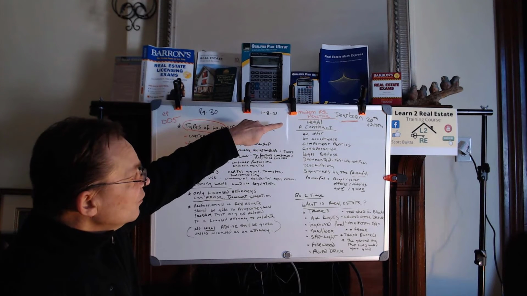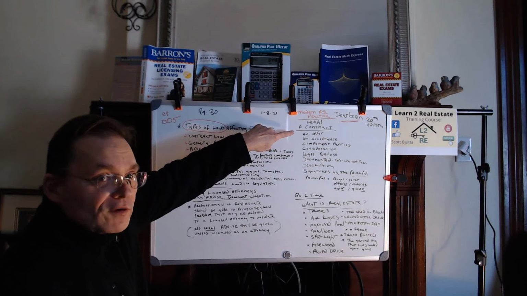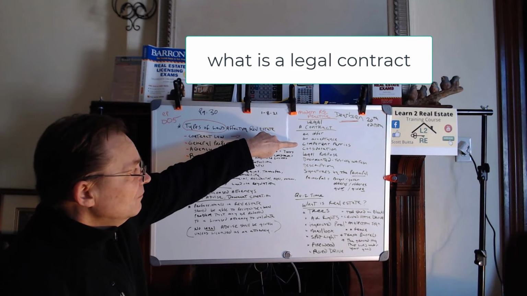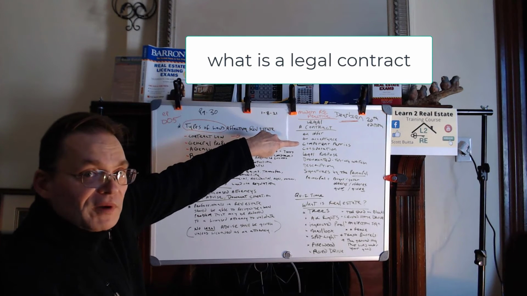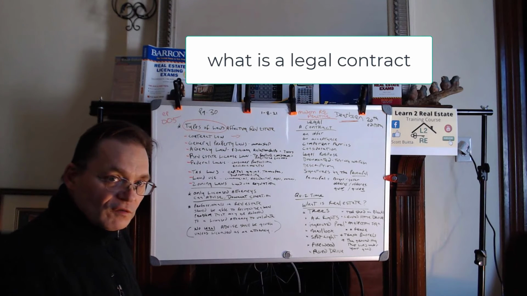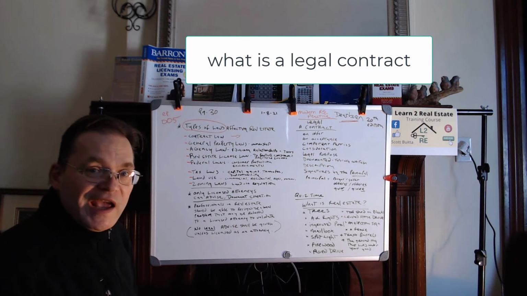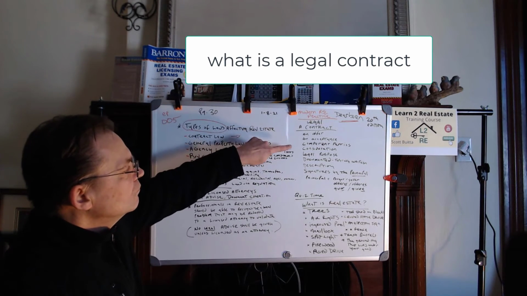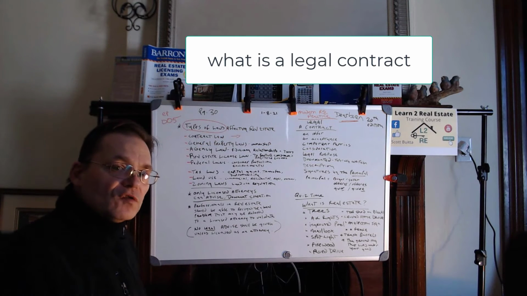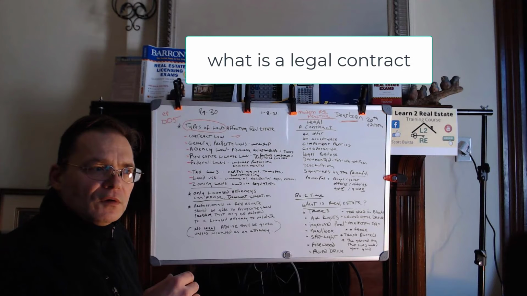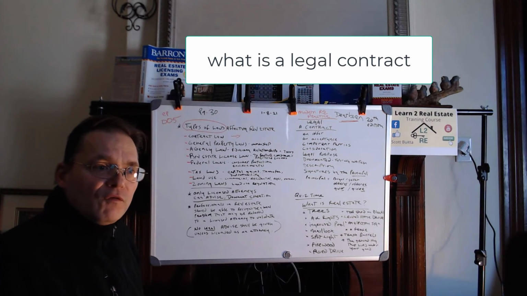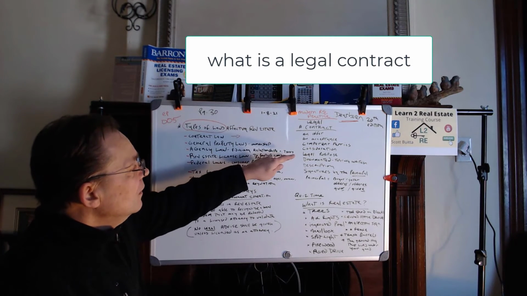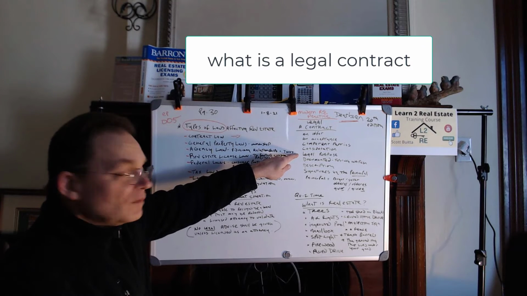A legal contract. What is a legal contract made of? It has to have an offer. You have to have an acceptance of that offer. Both parties have to be competent. There's a list of things that show competence, one is typically age. Consideration does not necessarily mean money. It could be any form of value, so there has to be a value exchange. It has to have legal purpose.